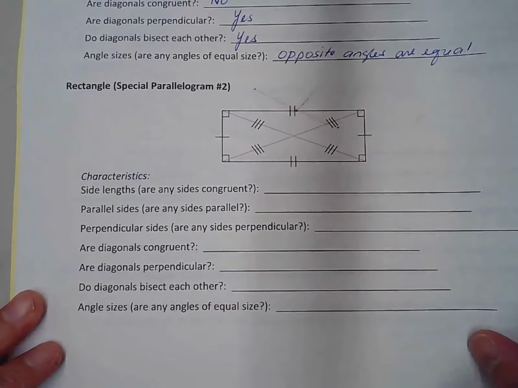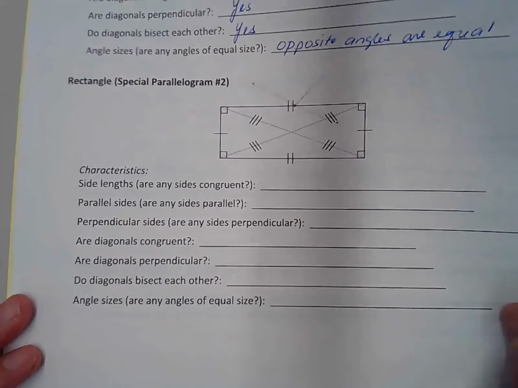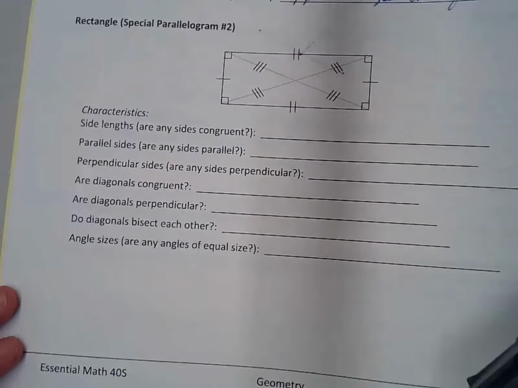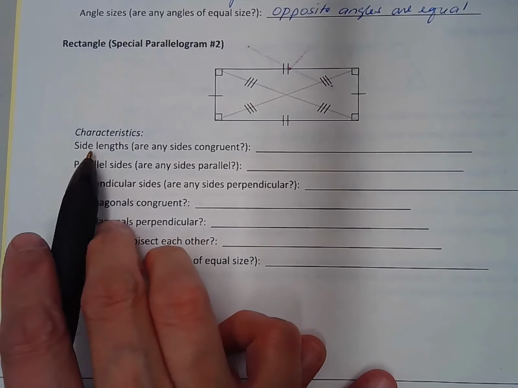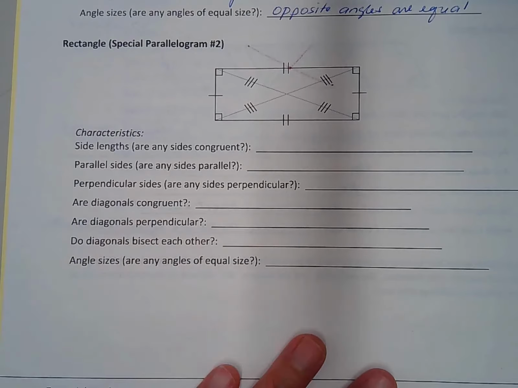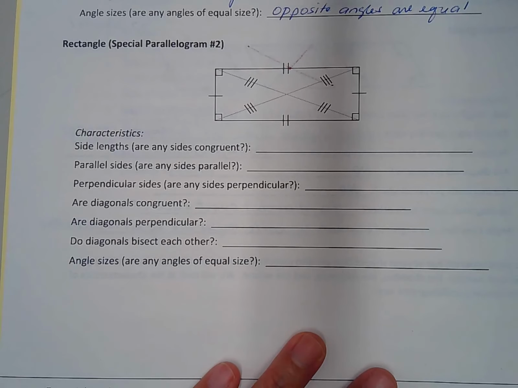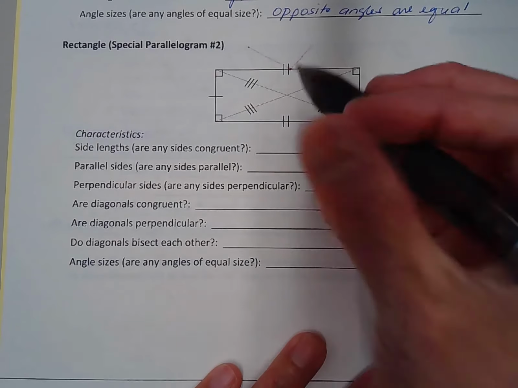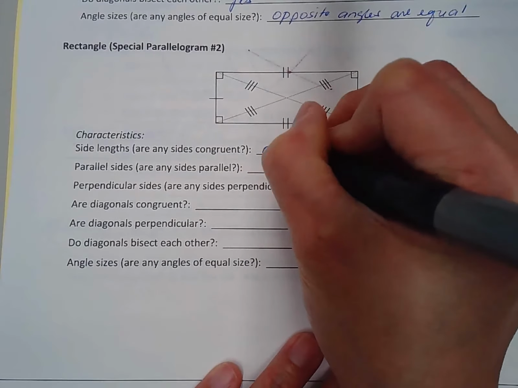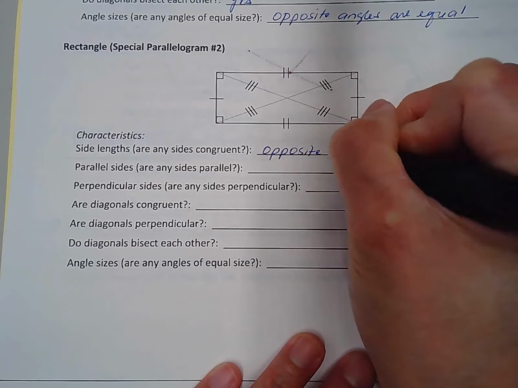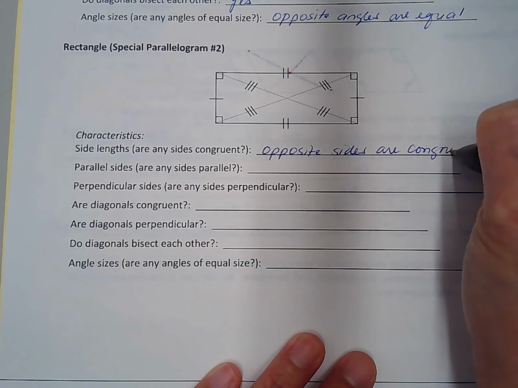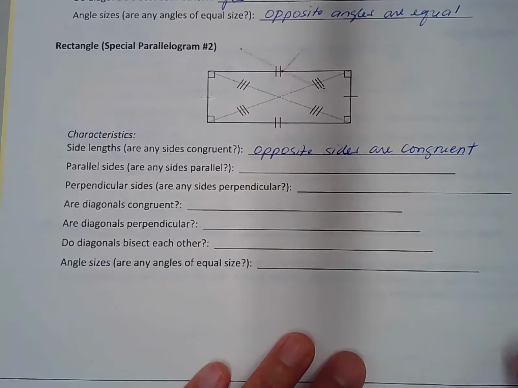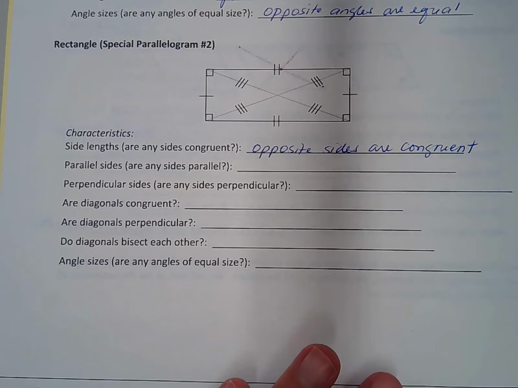Now rectangle. Everyone knows about rectangles. So let's take a look. This one's going to be a little bit faster too. What about side lengths? Any side lengths that are congruent? Yeah, opposite sides are congruent.